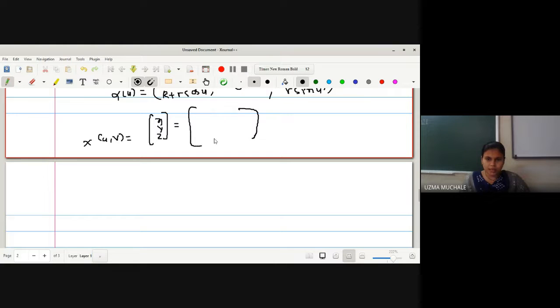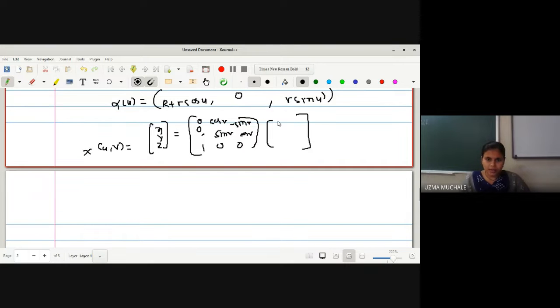Now it is about the z-axis, so 1, 0, 0. Here we have cos v, minus sin v, and here sin v, cos v, and here we have the coordinates which we have written: R plus r cos u, 0, r sin u. So now we can find the parameterization just by multiplying the two matrices. Everyone understood this step? To find the new parameter you need the help of the earlier curve.